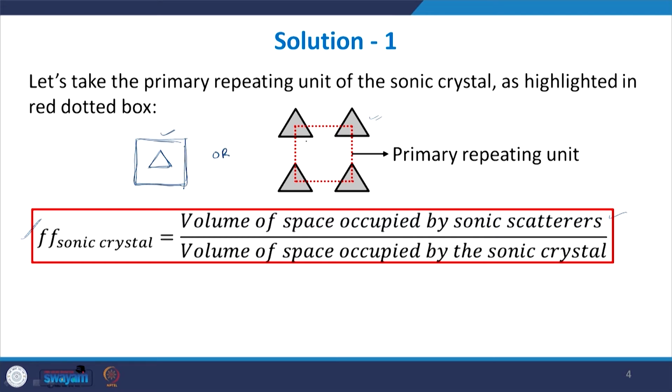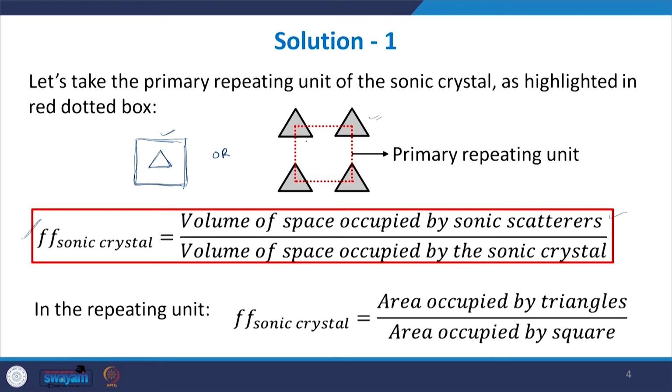There is no change in the third dimension, only in the top view, so we can reduce it to area. We have the area occupied by triangles divided by the area occupied by the square, which is the area of one triangle divided by the area of one square.